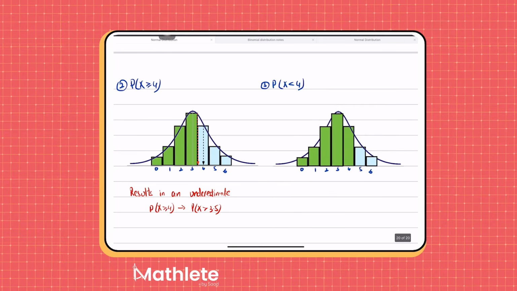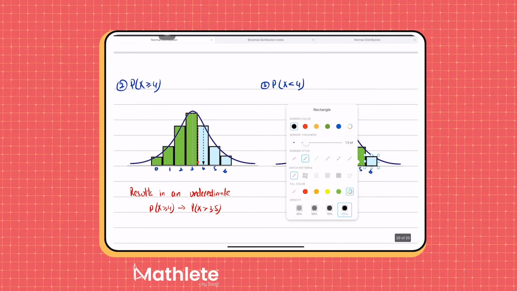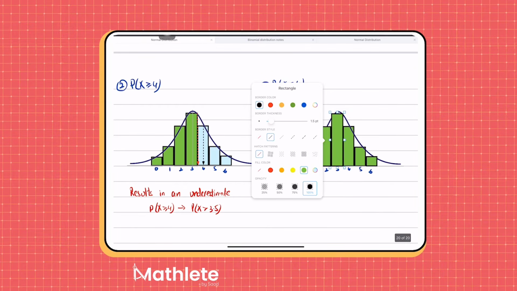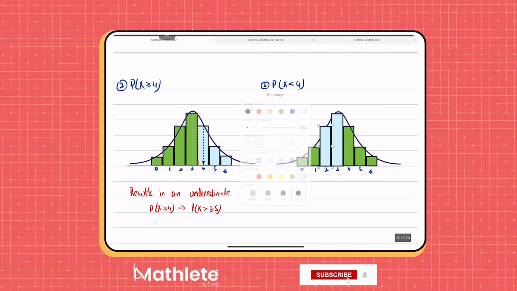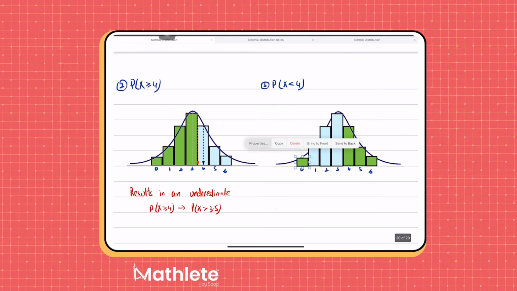Now, as per binomial distribution, less than 4 means all the bars that I'm now highlighting in blue. That means 3, 2, 1, and 0. The area of all these bars, that's what we have to calculate.